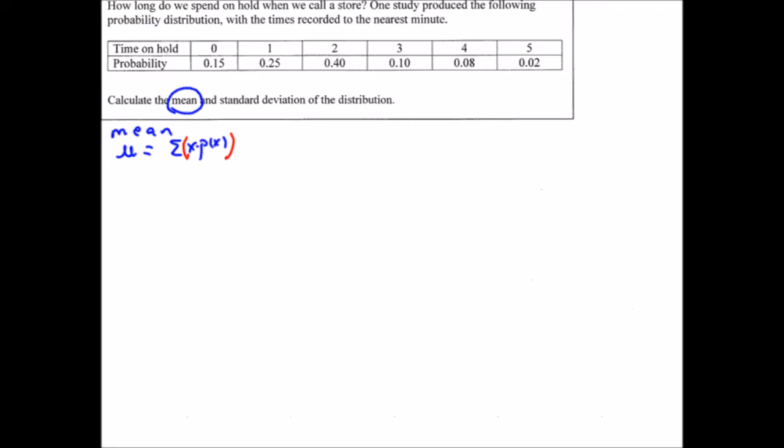For this particular problem, that's 0 times 0.15 plus 1 times 0.25 plus 2 times 0.4 plus 3 times 0.1 plus 4 times 0.08 plus 5 times 0.02.